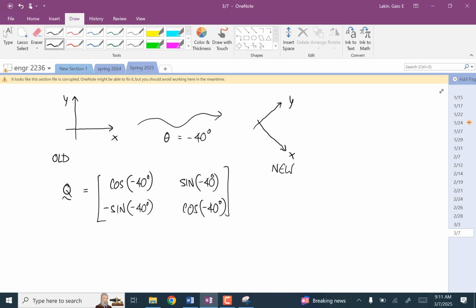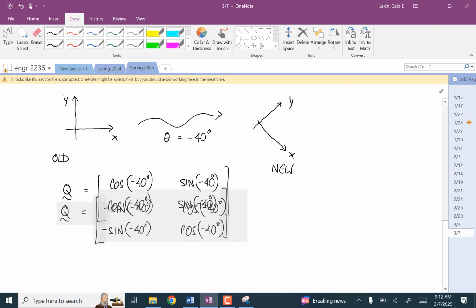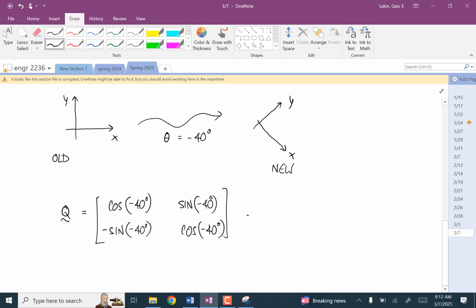Sorry about assigning this. That was something I planned to sort of phase out this semester, and I gave you that problem anyways. But this is still good stuff to see. So this is 0.766, negative 0.643, positive 0.643, positive 0.766. So that's our rotation matrix.